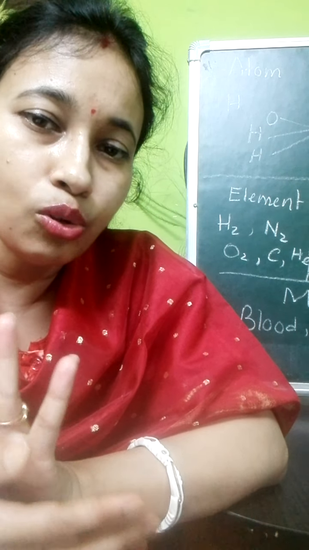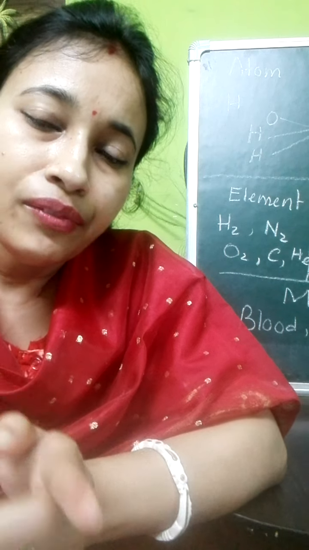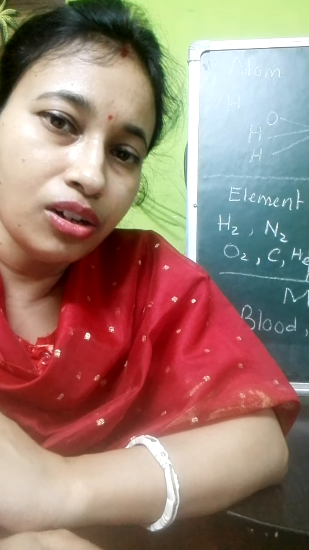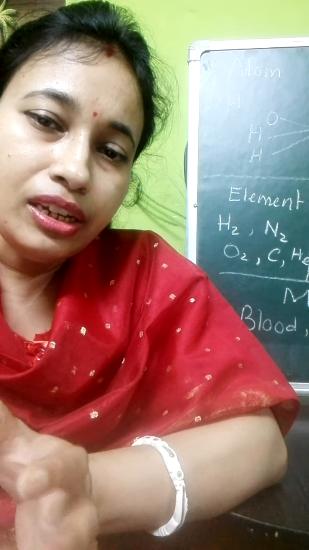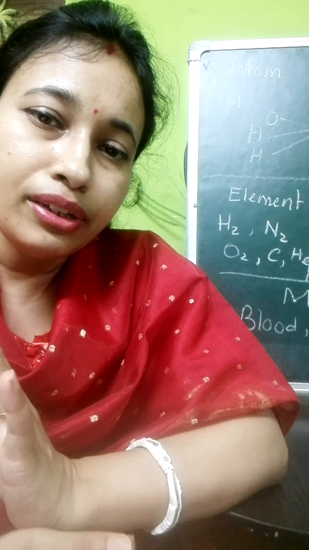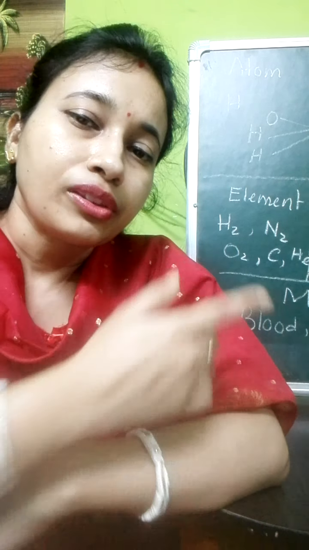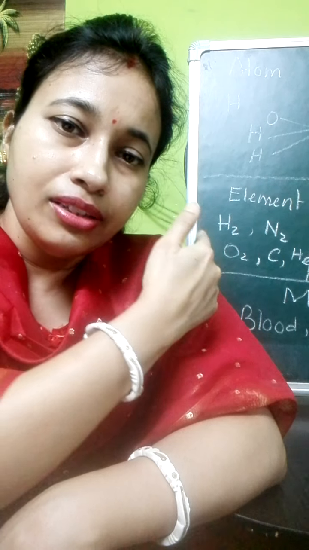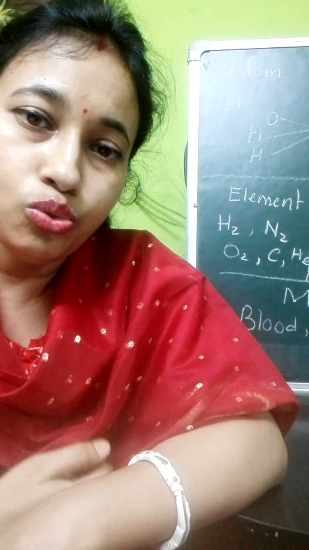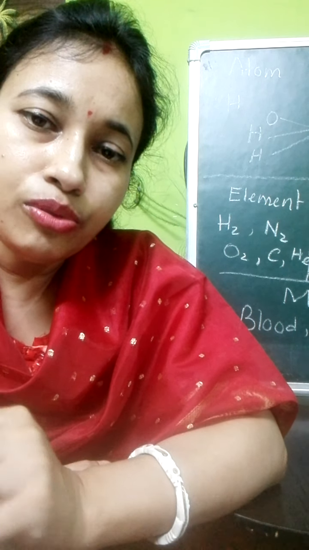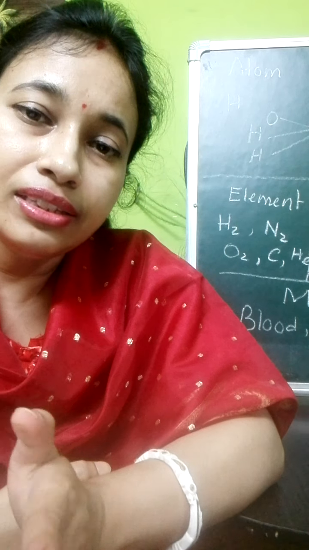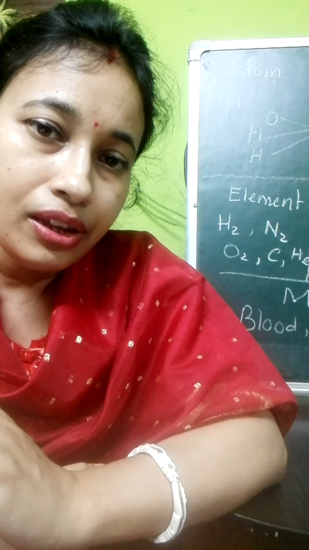Suppose chlorine has valency 1. So, one hydrogen combines with one chlorine. Similarly, if two hydrogen combine with one oxygen, that means the valency of oxygen is 2. So this way we will get the valencies of the elements.